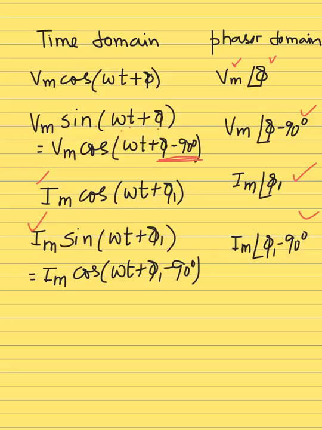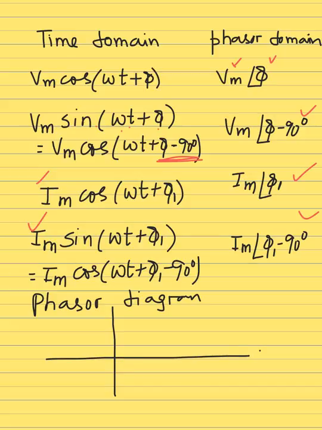Now, we use phasor diagrams to represent phasors. On a phasor diagram, you have the imaginary axis and the real axis. Since this is the real axis, that's where your 0 degree angle is.